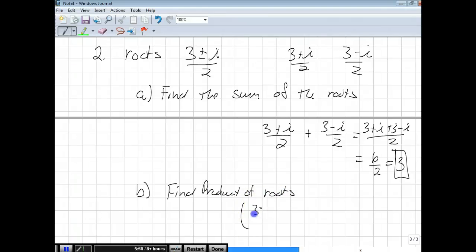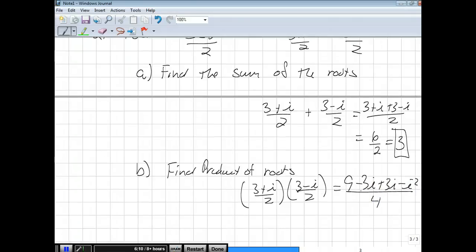Then the other thing I need is the product of the roots. So that's going to be 3 plus I over 2 times 3 minus I over 2, which is going to be 3 times 3 is 9 minus 3I plus 3I minus I squared all over 4.